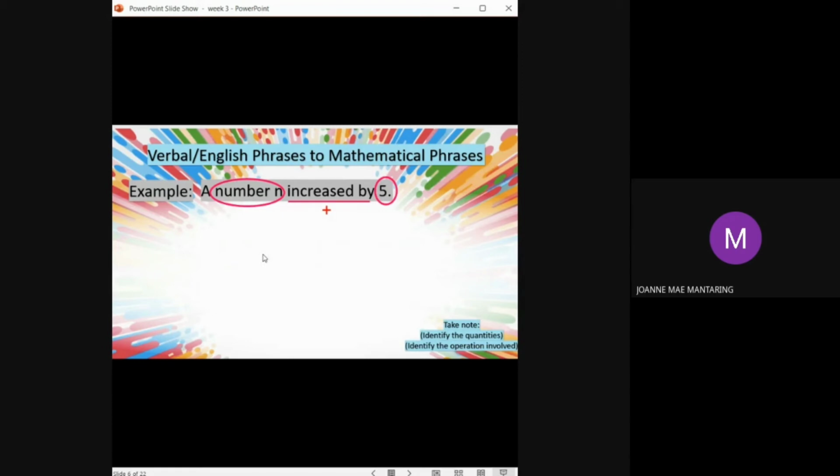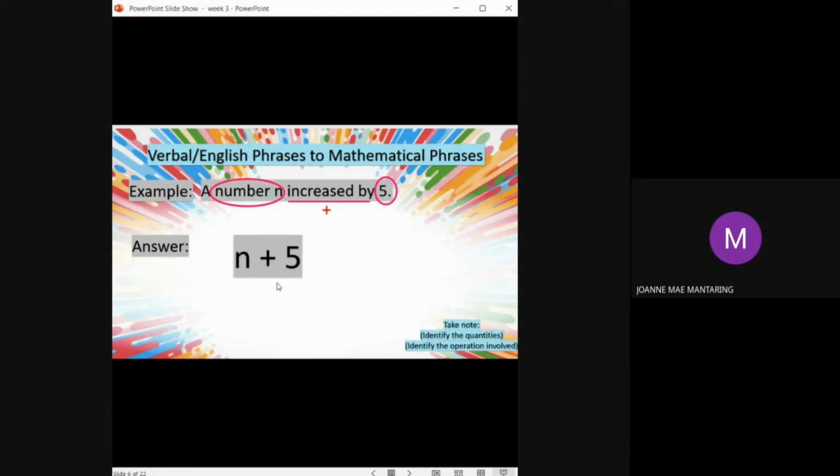So if we are going to write it into algebraic expression or mathematical phrase, it will be n plus 5. Okay, yung number n, and then the 5 plus 5. So n plus 5. A number n increased by 5 in mathematical phrase or algebraic expression, it will be n plus 5.